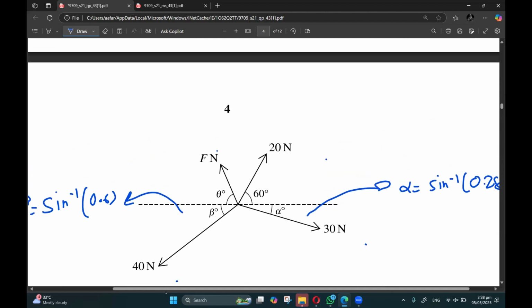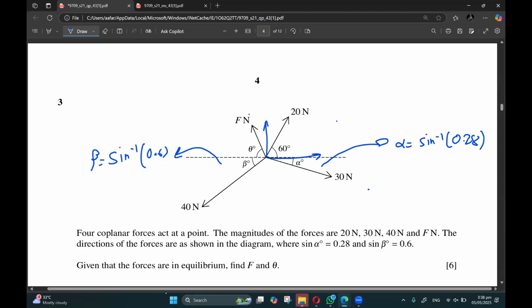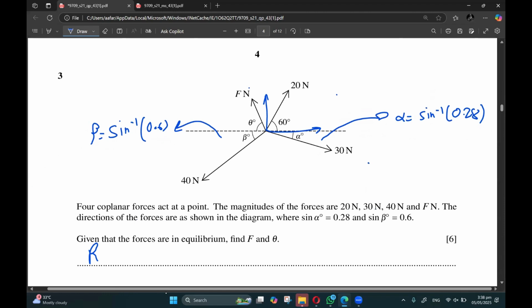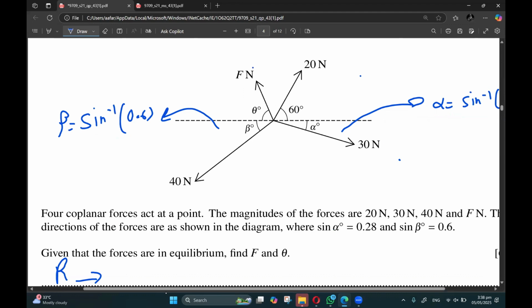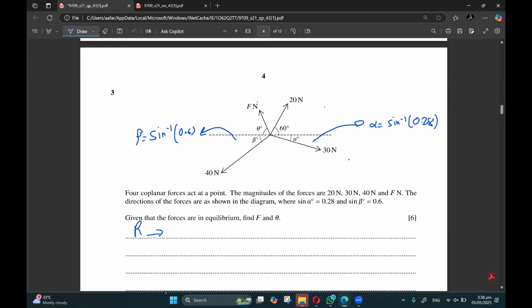This question is not very difficult since there is only one way to solve it. That is, resolve all the forces in two directions, vertical and horizontal. So let's find the resultant horizontal first. The horizontal components of these two forces will be equal to the horizontal components of these two forces since they're in opposite directions.